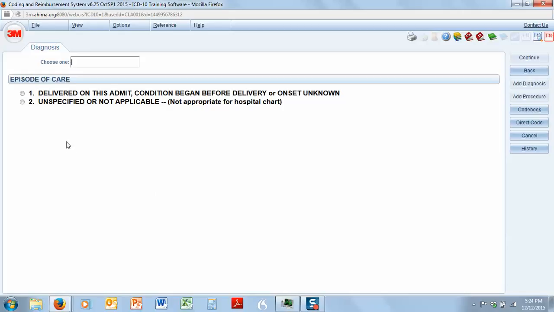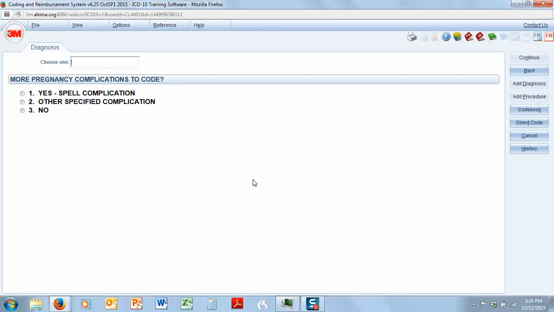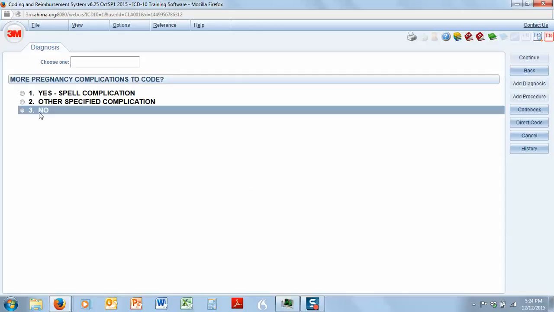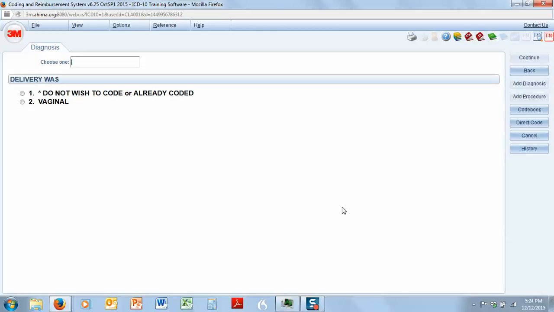Now, she delivered on this admit, and the condition began before delivery, or the onset was unknown. So we don't know when it started. So we're going to pick onset unknown. Do we have any other complications there? No. It says that she delivered a healthy baby boy. We've got one child. It was alive. Now, she did have a vaginal birth.